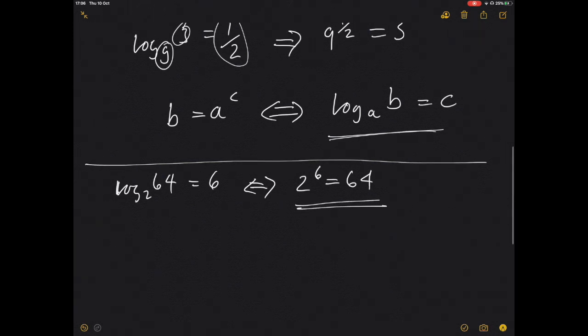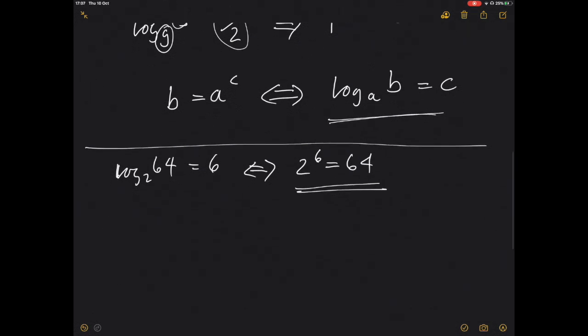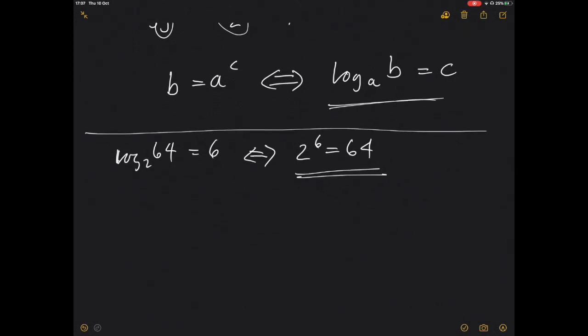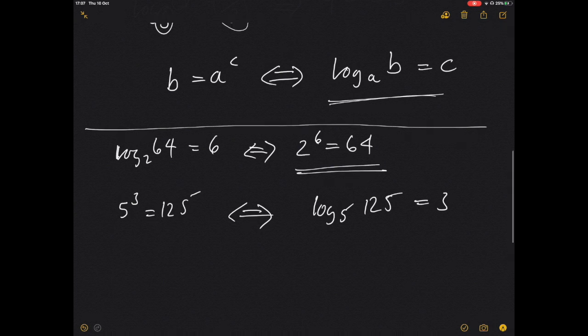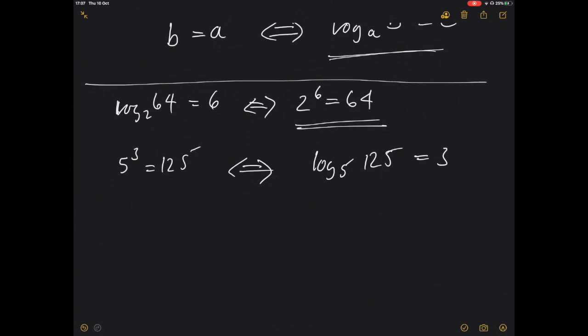We have our 64, we have our 2, and we have our 6 here. And that's correct. Likewise, we might have something that says 5 to the 3 equals 125. How would we transform that? Well, we would just take the numbers again and say log to the base 5 of 125 equals 3. So this is quite simple.